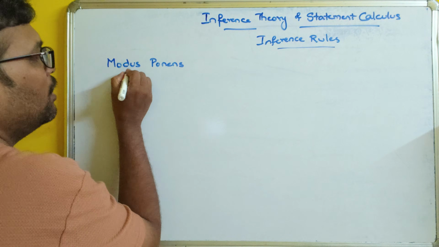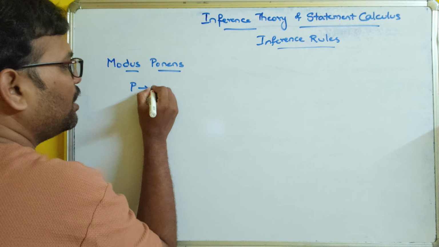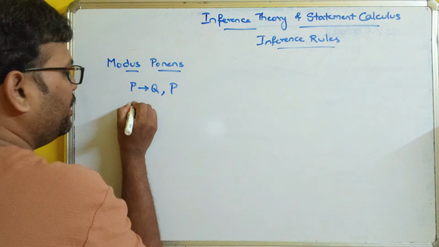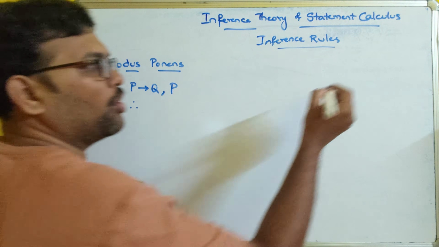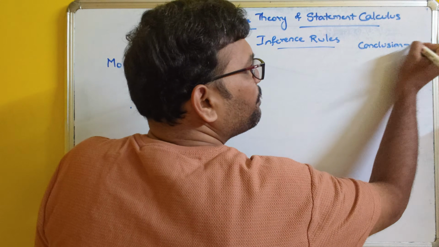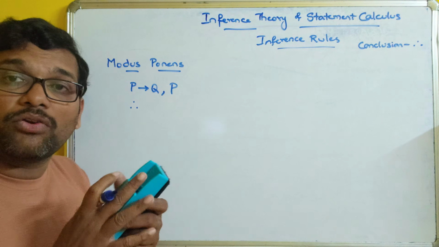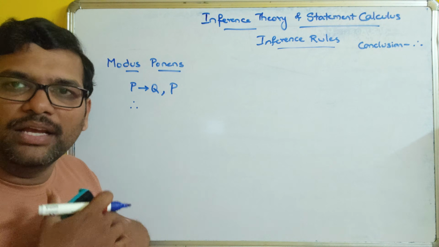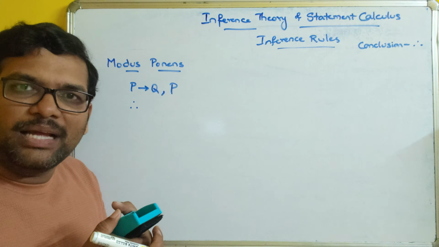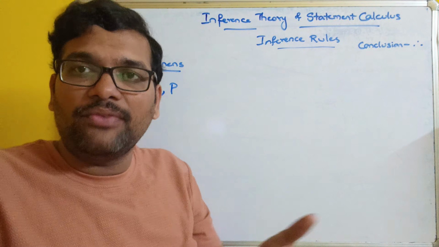The modus ponens rule is: if the premises are P implies Q, comma P, then the conclusion, which is usually represented with three dots, is Q. Usually we call it therefore. In normal English, while writing in an examination or in any notebook, we'll use this symbol as therefore.